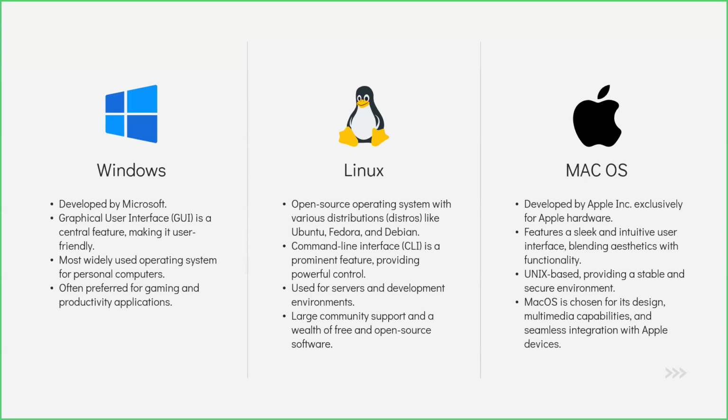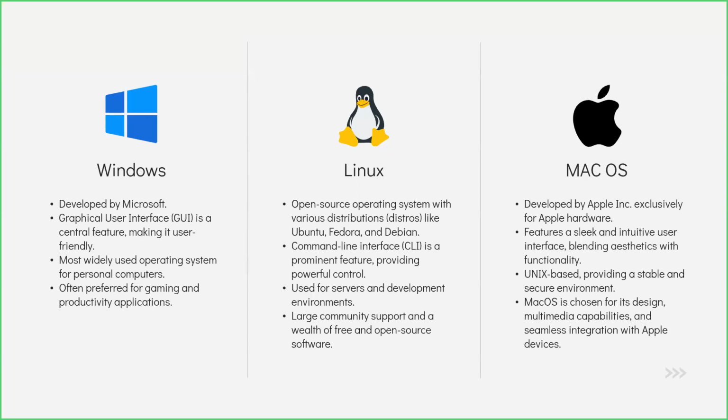Unix is the main parent family for Linux, and it uses the same architecture as Linux operating systems and provides a very stable and secure environment. Most of the time, Mac OS is chosen for its design, its multimedia capabilities, and that seamless integration in the entire Apple ecosystem. This is specifically built only for Apple hardware. You cannot install Mac OS on any other devices. It's built only for Apple devices itself.